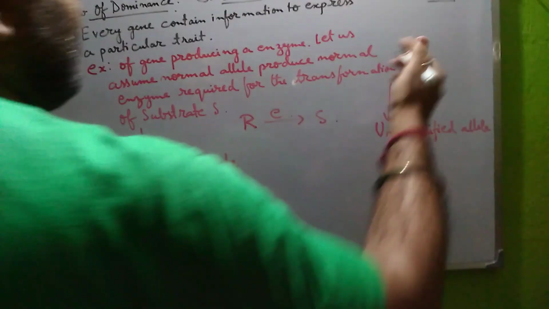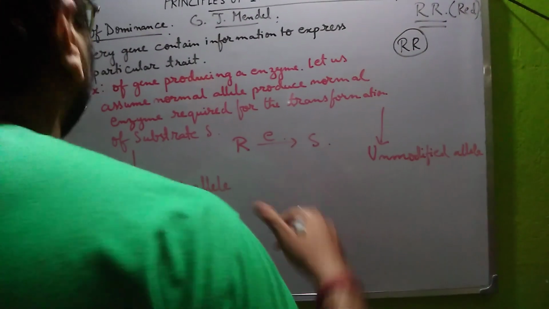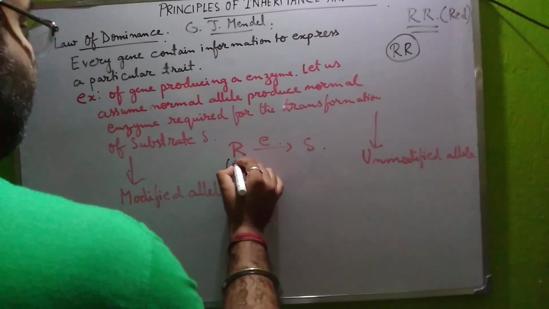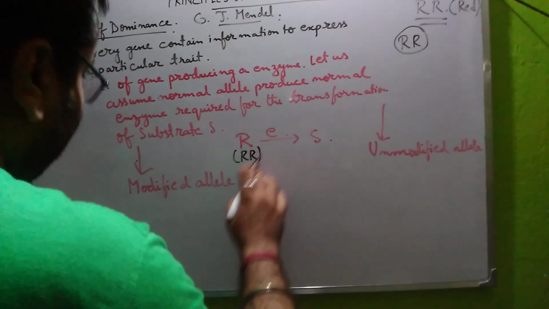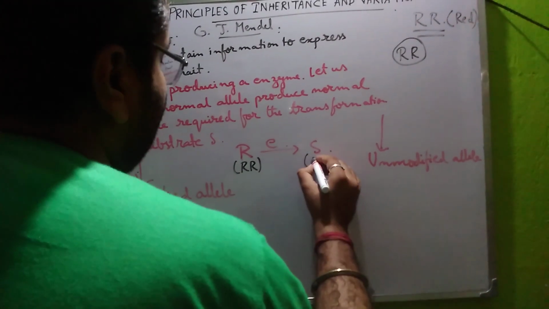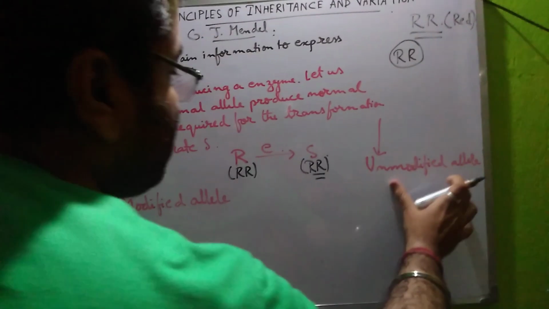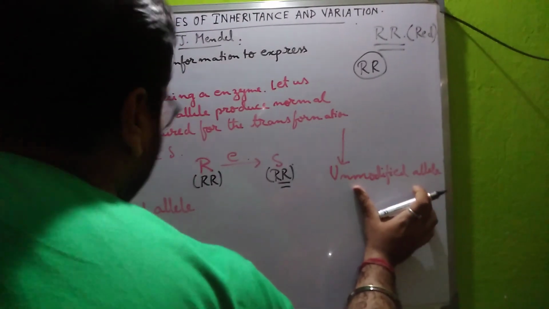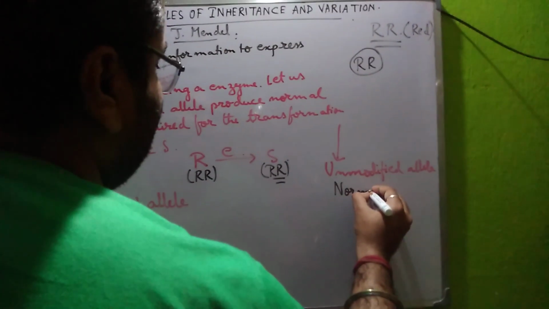Unmodified means whatever the allele it was having, suppose capital R and capital R, after the enzyme has reacted onto this reactant, it has changed to the product. At that time also its alleles are the same. There is no change. That is what we are calling an unmodified allele. Unmodified allele means normal allele.